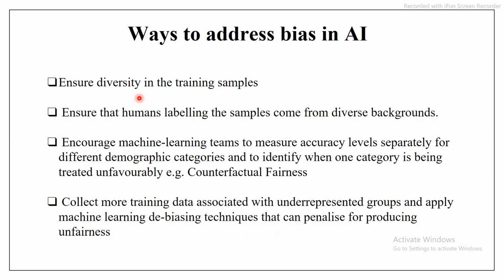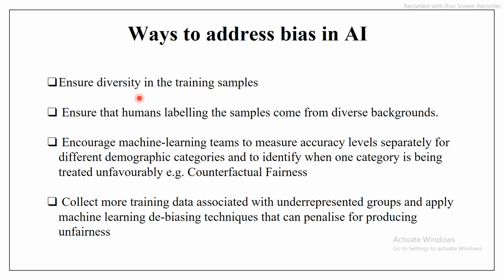How are you going to address bias? If you have a bias in the AI system, how are you going to solve it? Whenever you are collecting training samples, you have to ensure there is diversity.